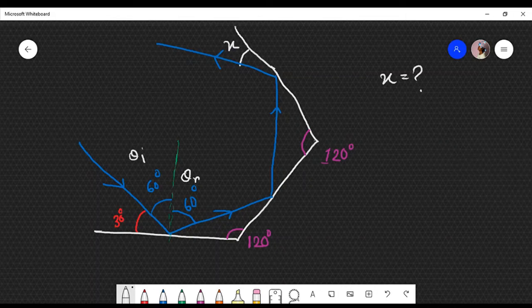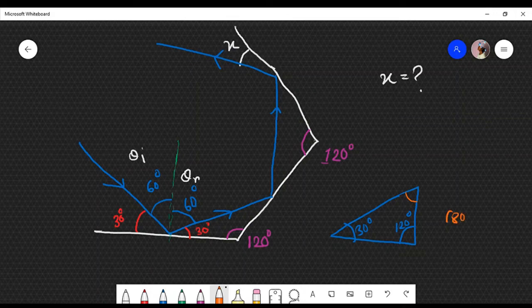And now we move on, and this will be 30 and this is 90 degrees. Let's say in this triangle, the downside triangle I'm seeing here, which is 120 here and 30 here, what will this orange angle be? This will be 180 minus the sum of these two angles.